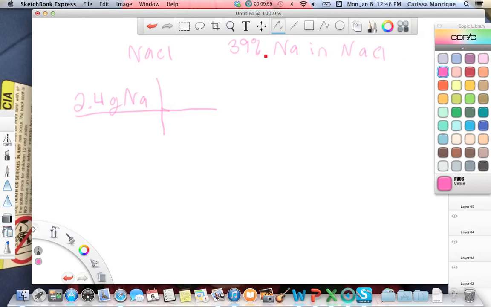So from this percent here, remember, another way of saying this is 39 grams of sodium in 100 grams of sodium chloride. Because we're looking at a percent. A percent is always over 100. So 39 over 100. Now we can plug this in right here.